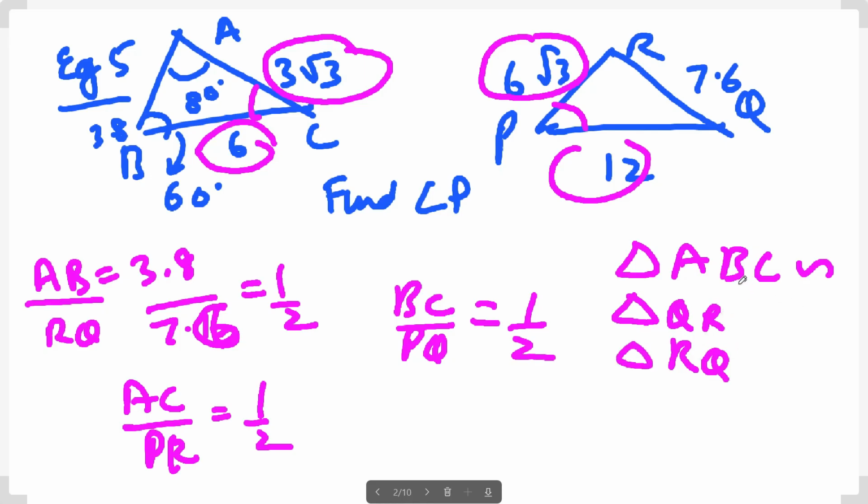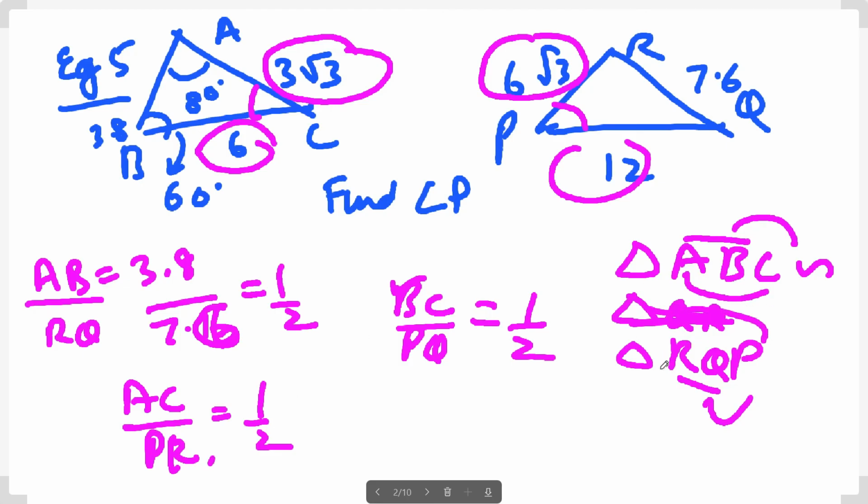Let's write QR. Now let's see BC. BC is with PQ, but it has to be RQ. I mean, it has to be in this direction, so therefore this is not this, it is this. Look at it. AB proportional to RQ, BC proportional to PQ, and CA proportional to PR, which is coming here.